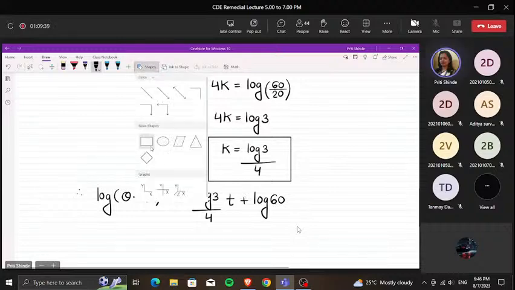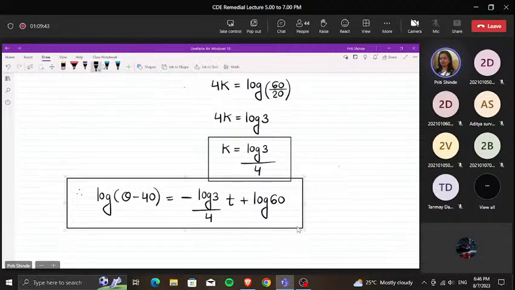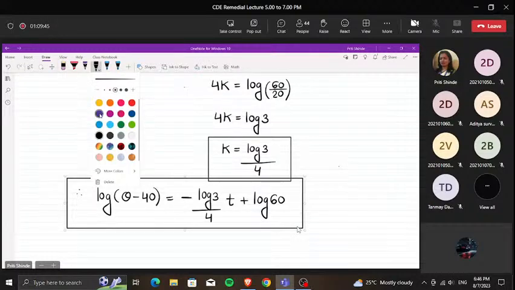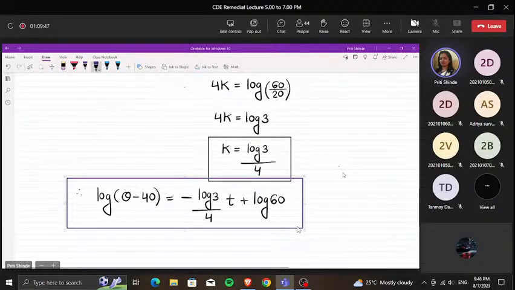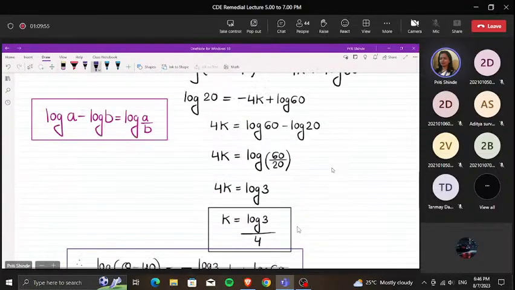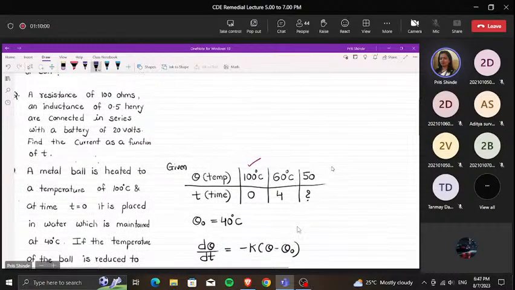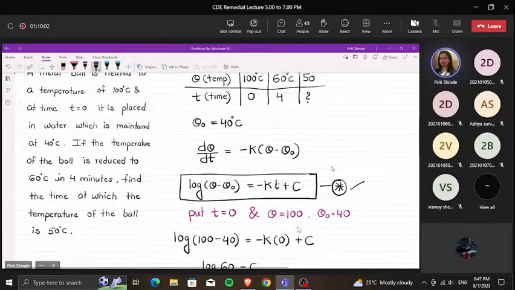So this is your final solution. You can find t or theta by using this solution from Newton's law of cooling. You can solve any example by using this method. Carefully prepare your table, write down your differential equation and its solution.